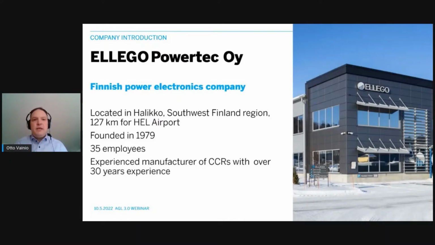A medium-sized company between 30 and 40 employees, 35 is probably the current number. Within this power electronics business, CCRs have been a big part of ELLEGO's business historically. So ELLEGO does have knowledge and history of manufacturing CCRs for more than 30 years.